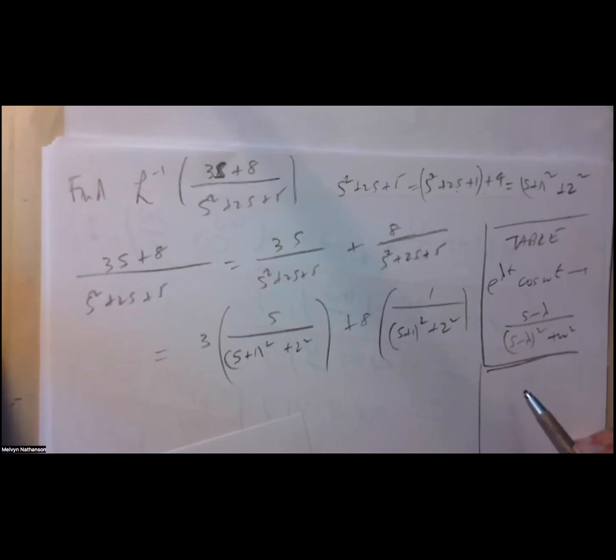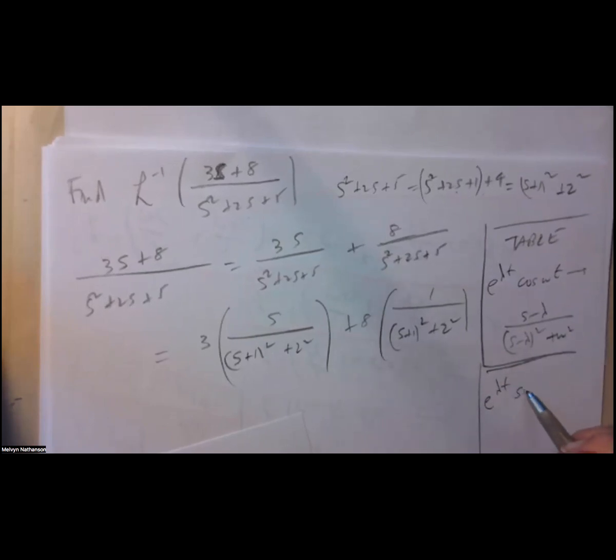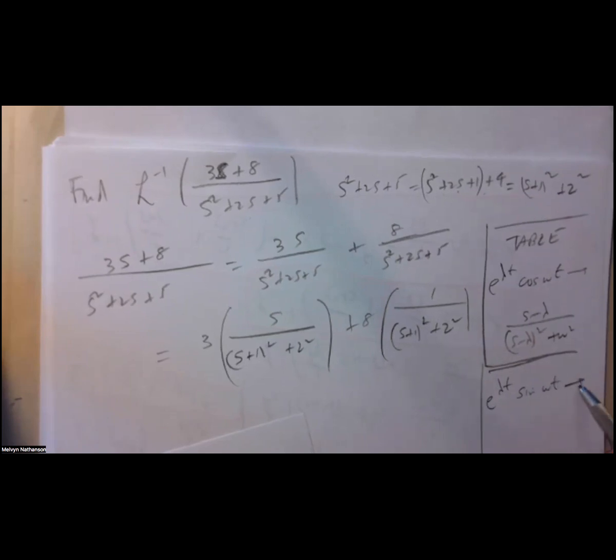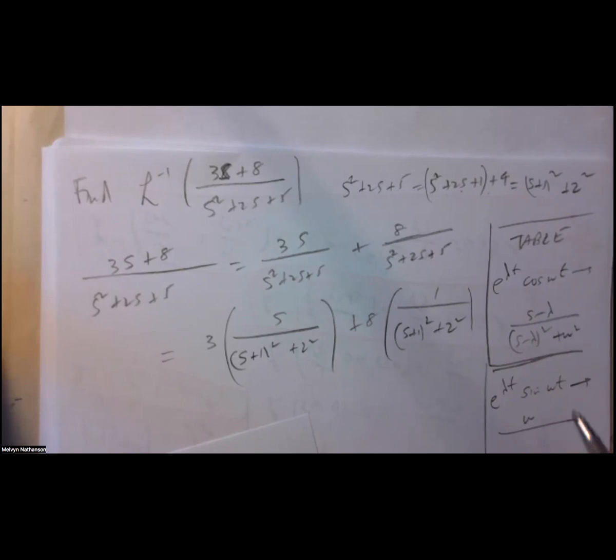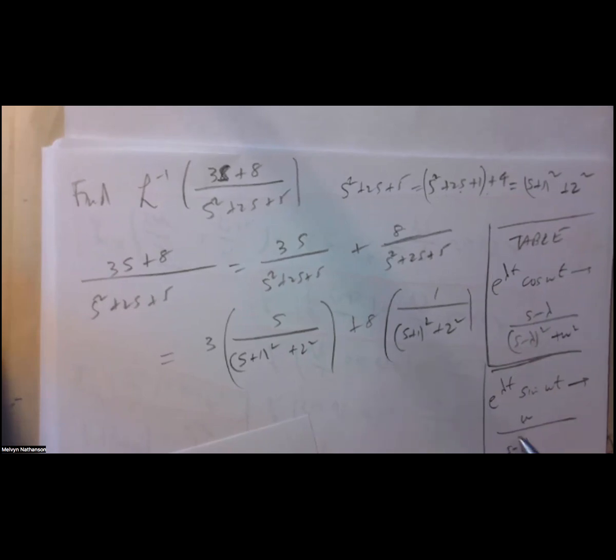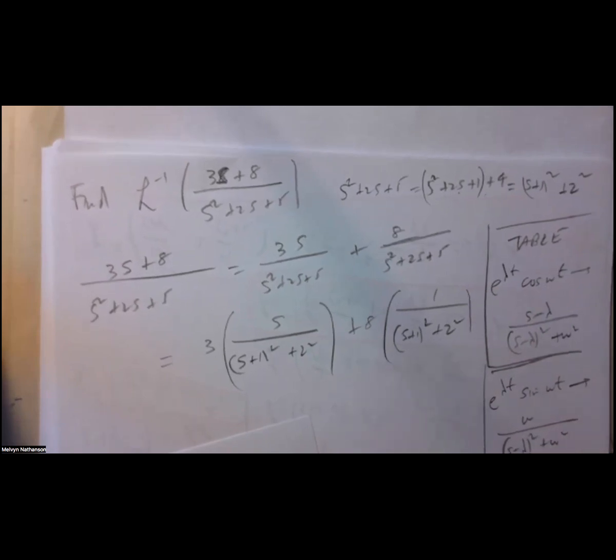And the Laplace transform of e to the lambda t sine omega t is omega over s minus lambda squared plus omega squared. Okay.